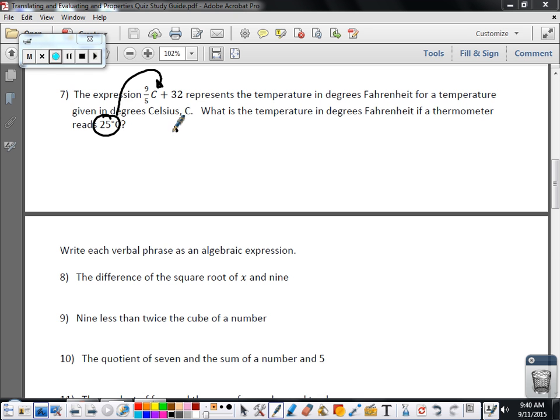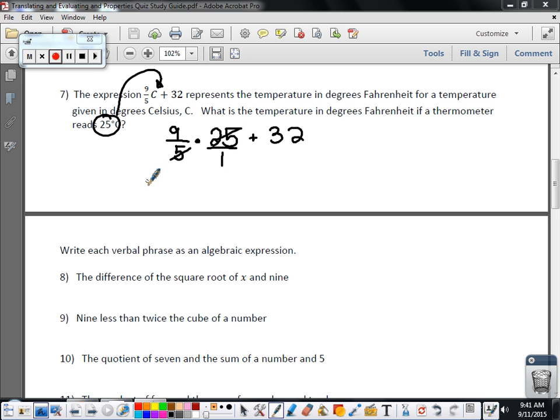So let's write that out. So this is going to be 9/5 times 25 plus 32. So in your calculator, you would do 9 divided by 5 times 25 plus 32, and you're going to get a number. So if I'm just doing it right here, I'm going to actually make this into a fraction.